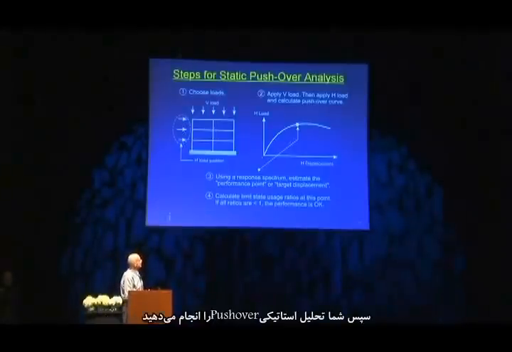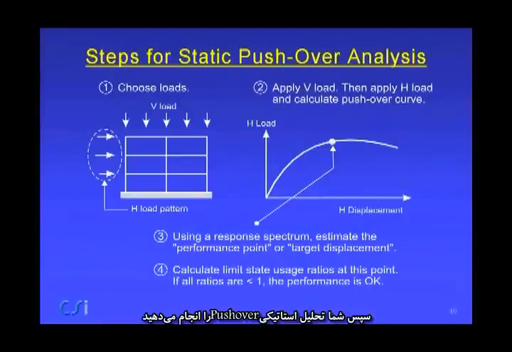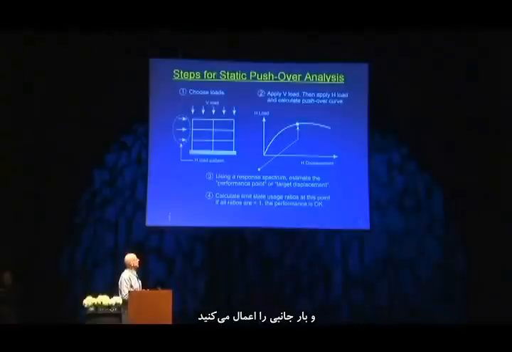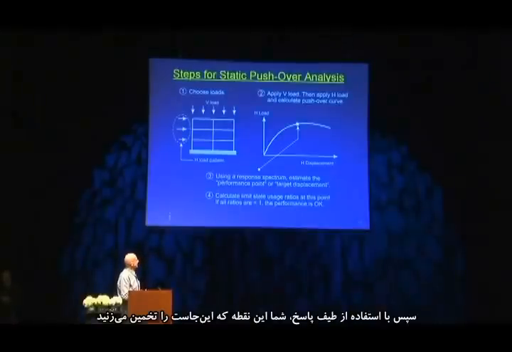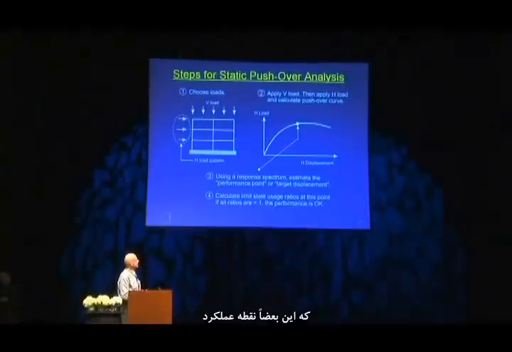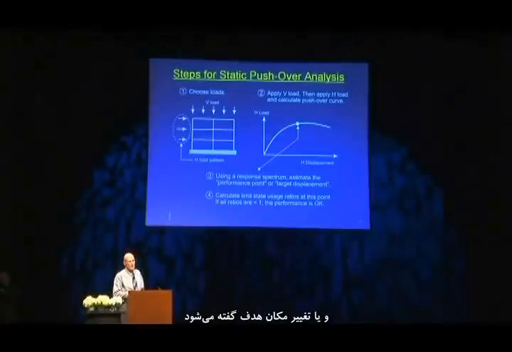Then you do a static pushover analysis, which will give a nonlinear relationship between a horizontal load and horizontal displacement. The gravity load is held constant, and you apply the horizontal load. Then using a response spectrum, you'll estimate this point here, which is sometimes called the performance point, sometimes called the target displacement.